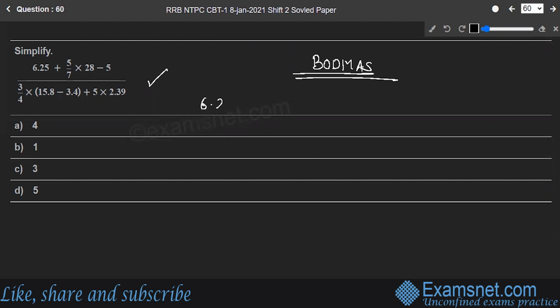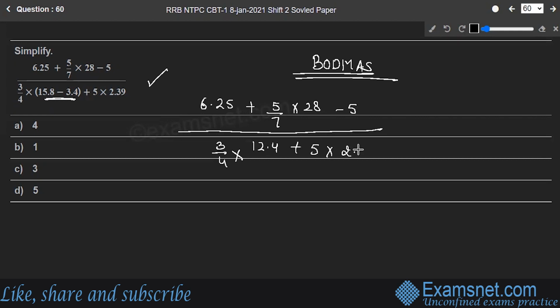This is 6.25 plus 5 by 7 multiply 28 minus 5 whole divided by 3 by 4 of 15.8 minus 3.4. See, according to the BODMAS, the very first thing to get solved over here is the brackets. 15.8 minus 3.4 will give you 12.4. So I'll write down this one only. Plus 5 multiply 2.39.